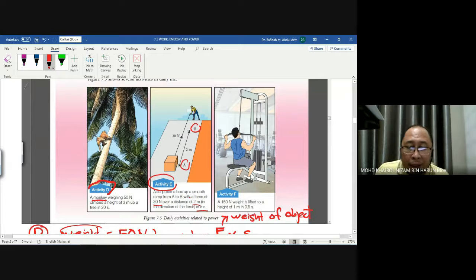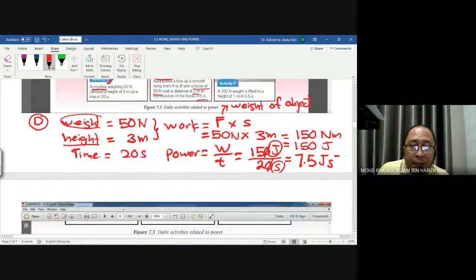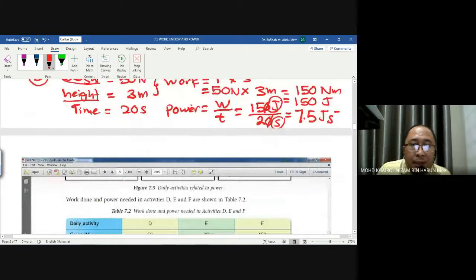Just given here is the force, direct information, so in this case we can calculate directly.